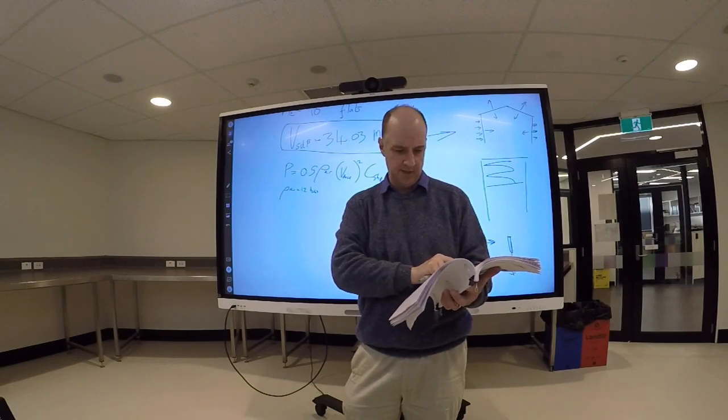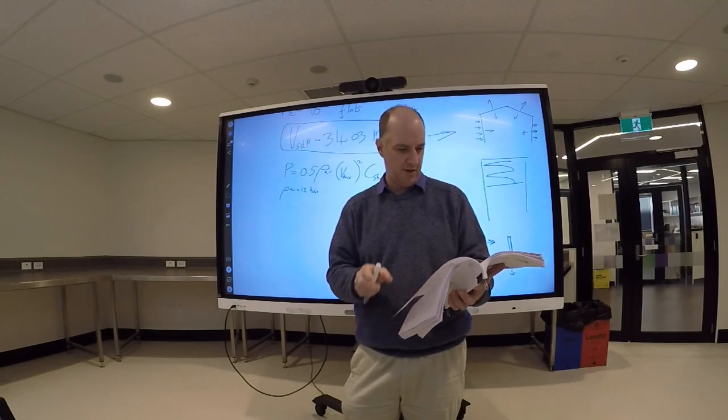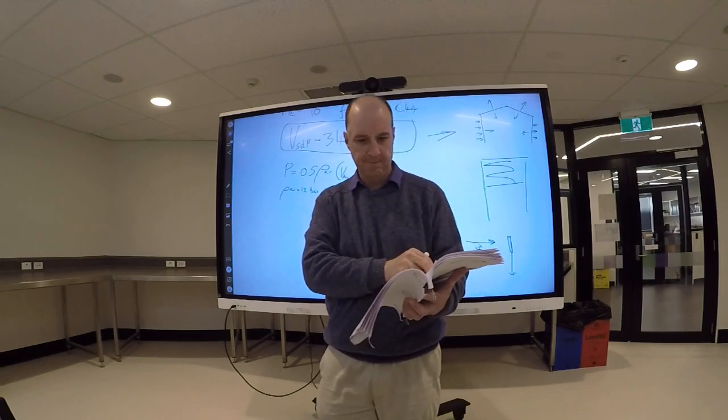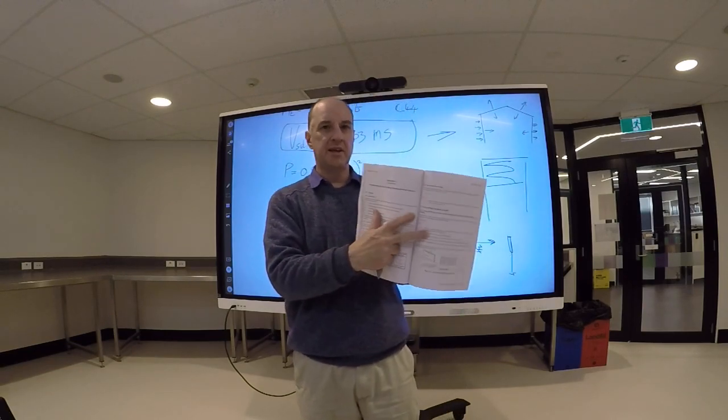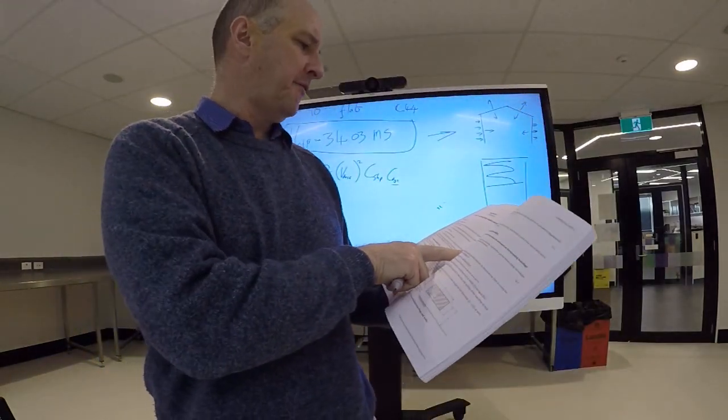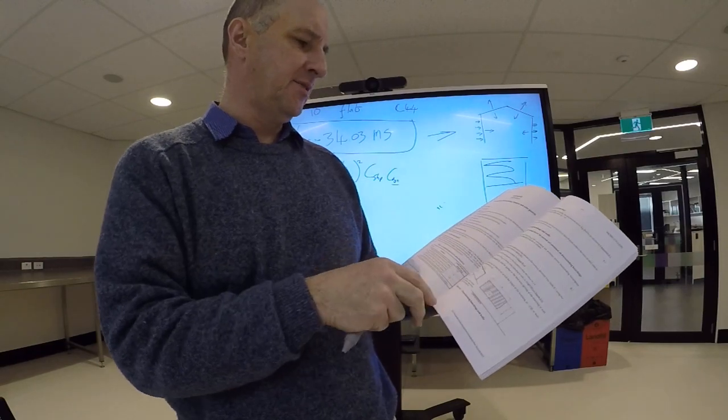Hoardings and signs. Where are we? Appendix B. I think in the old one it's Appendix D. But freestanding walls, hoardings, canopies, and solar panels.